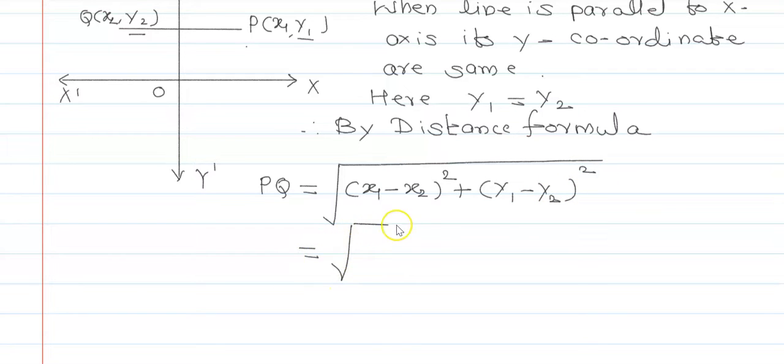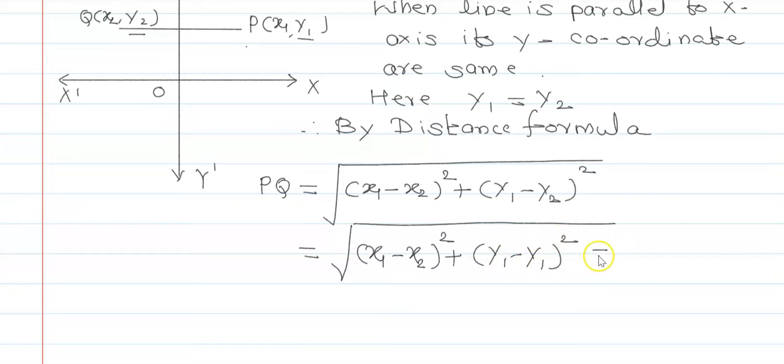What's happening? y1 is equal to y2, so (x1 minus x2) bracket square. Now here both are equal, y1 minus y1 bracket square is equal to the square root of (x1 minus x2) bracket square plus 0.